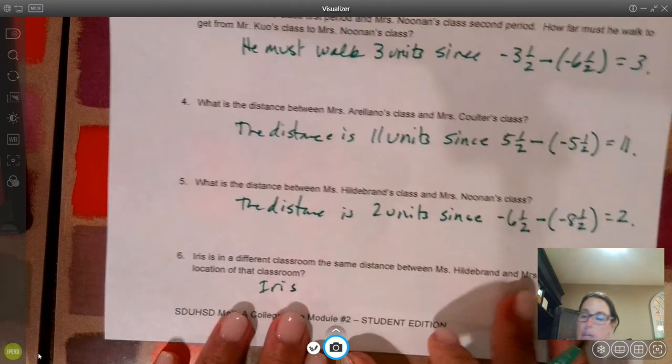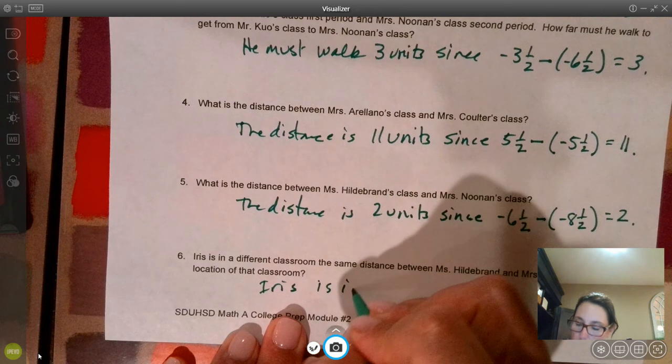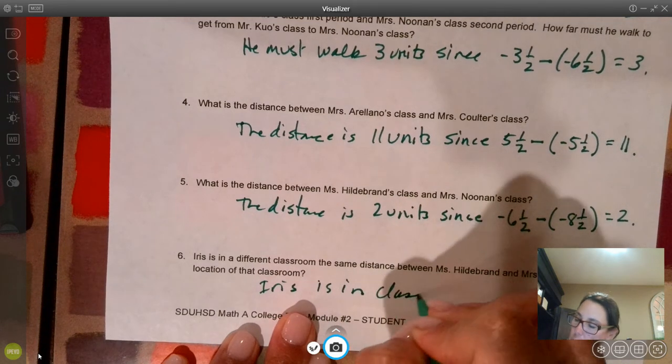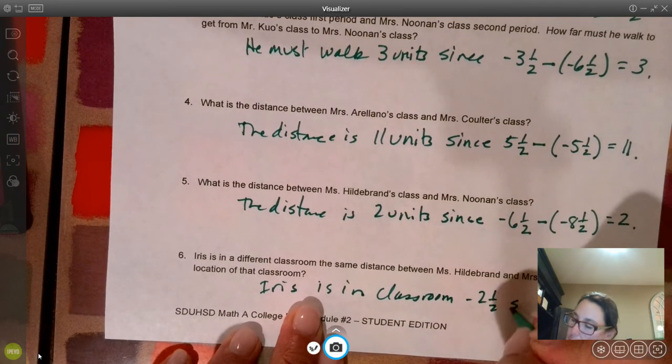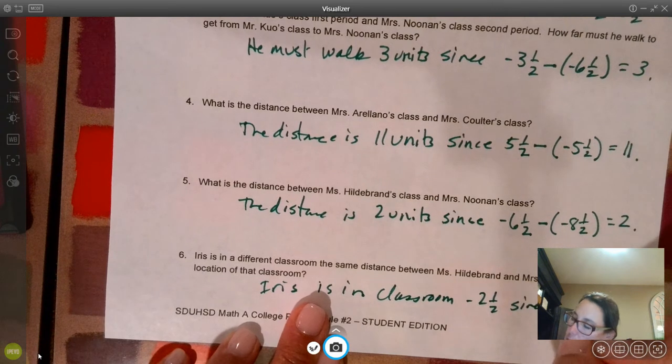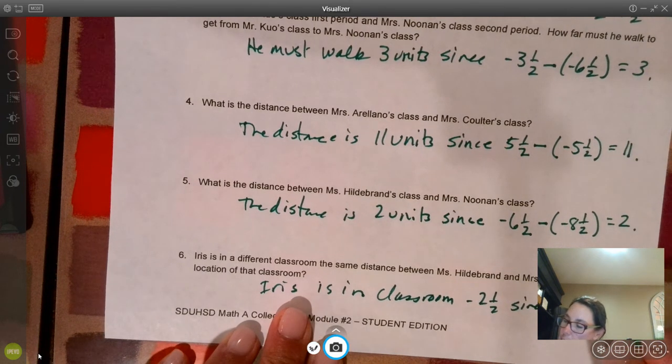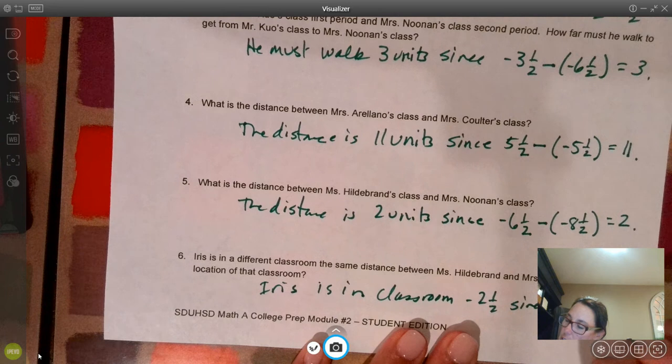So Iris is in classroom negative 2.5 since I'm taking Loftus 3.5 and I'm subtracting the Hildebrand's distance, which gets us 12.